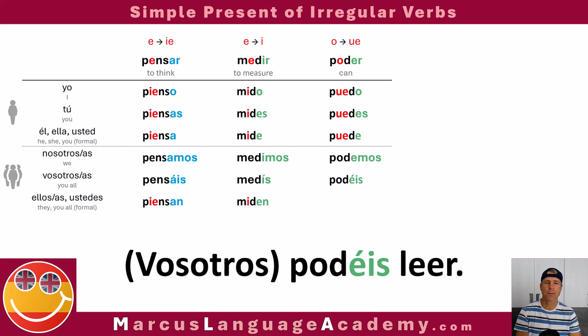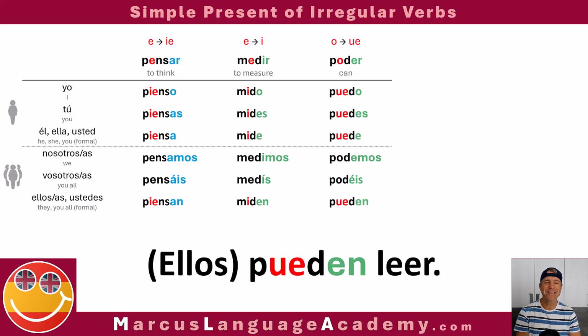Vosotros podéis leer. We had medís and podéis. Here we need to know it's podéis, but it's regular. And the third person, again, it's irregular. Ellos pueden leer. Again we have EN as an ending, and it's irregular.